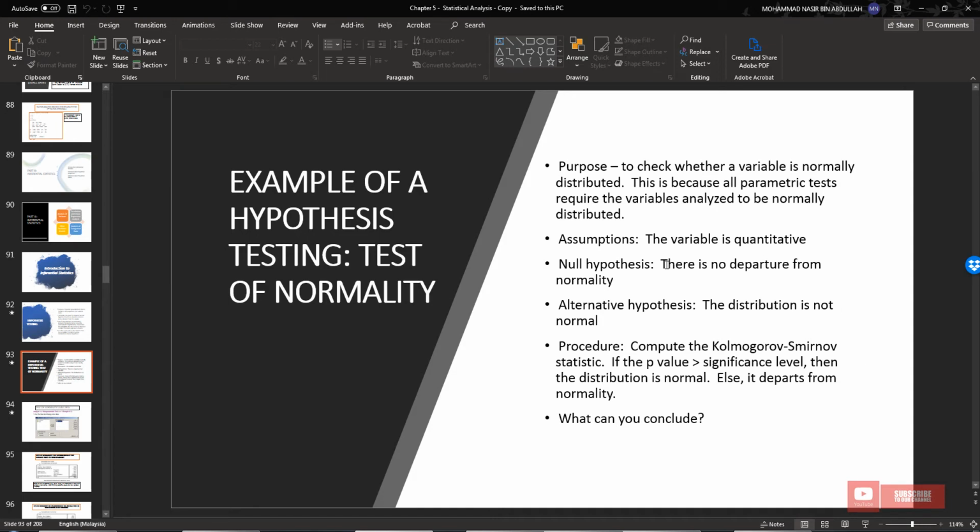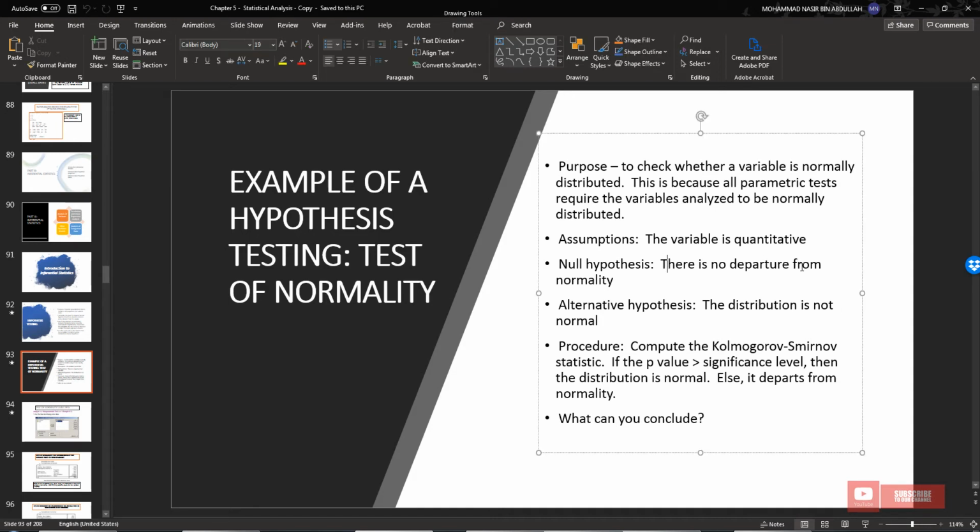So the hypothesis for the test of normality: the null hypothesis is that there is no departure from normality, meaning there is a normal distribution. The alternative hypothesis is that the distribution is not normal. The procedure is to compute a Kolmogorov-Smirnov statistic. If you are using SPSS, it is actually the Lilliefors Kolmogorov-Smirnov method, a modified version of the original.